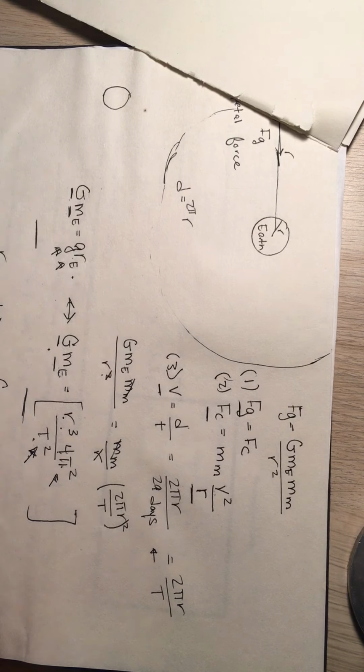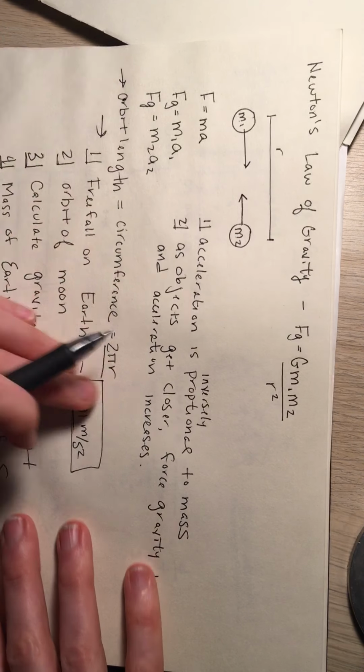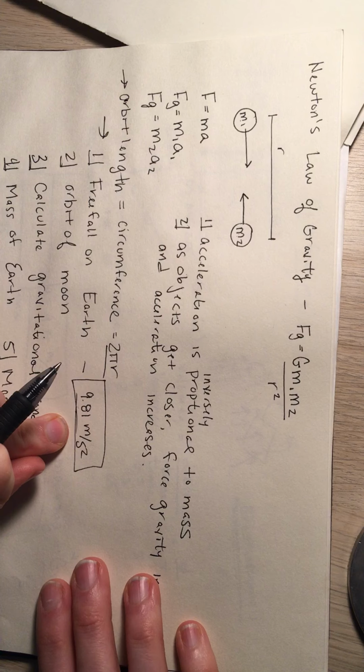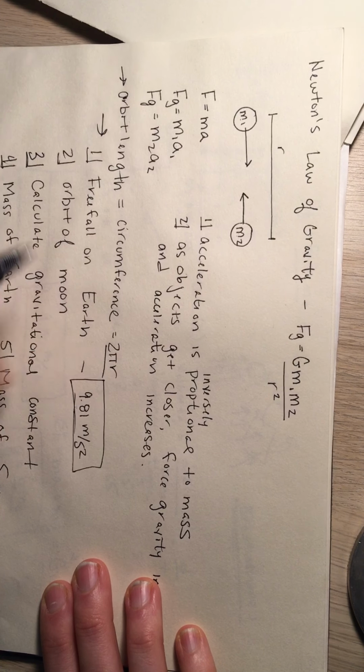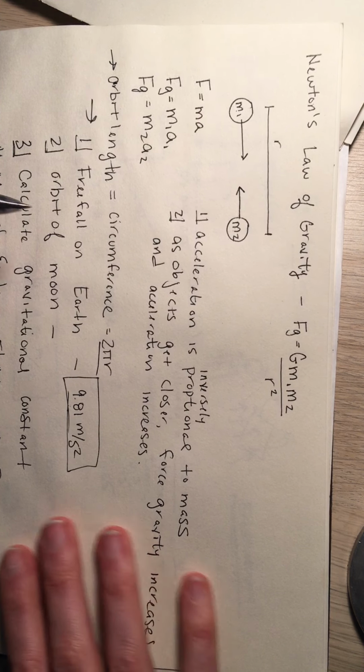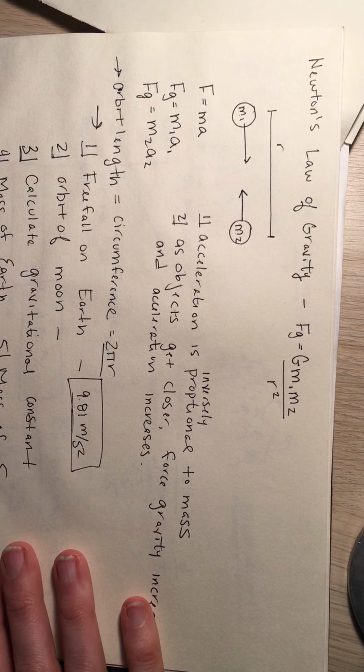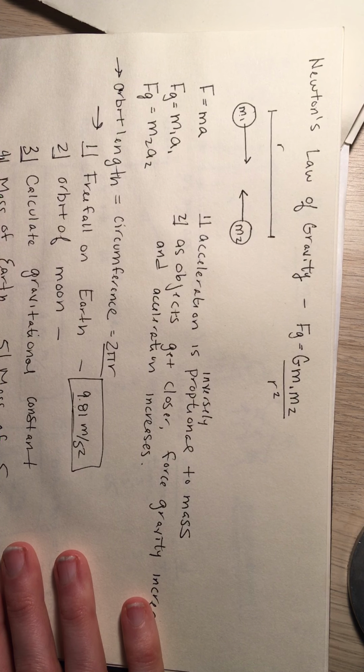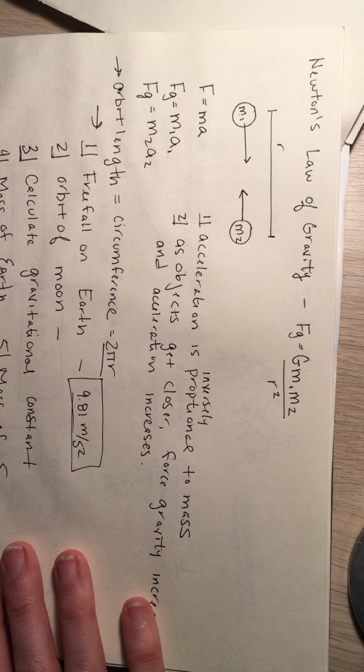So let's return to our original agenda. Free fall on Earth, that acceleration is always the same. Orbit of the moon. We can use scrupulous analysis of the motion of the Earth, of the phases of the moon, and the shadow cast by the sun.